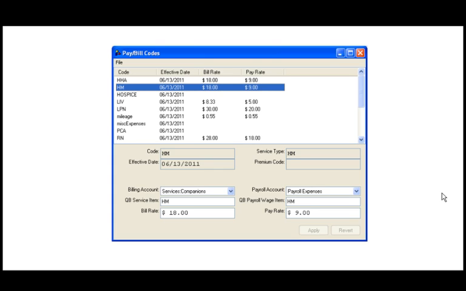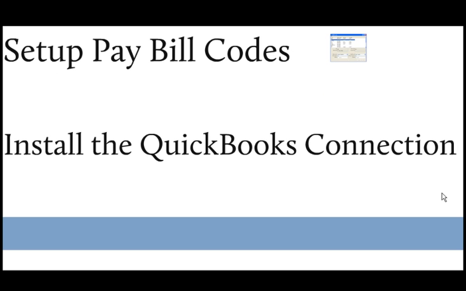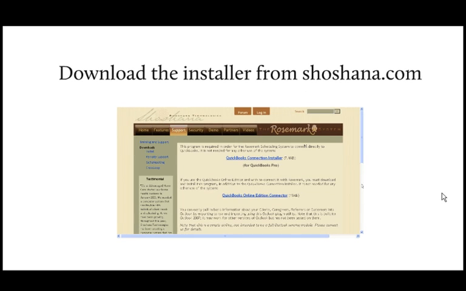Okay, with the basic setups done, it's time to install the QuickBooks connection. We generally recommend that this be done with QuickBooks open and running on your QuickBooks company file. To get started, go to our website, go to the Downloads page, and you'll find the QuickBooks Connection Installer for QuickBooks Pro.